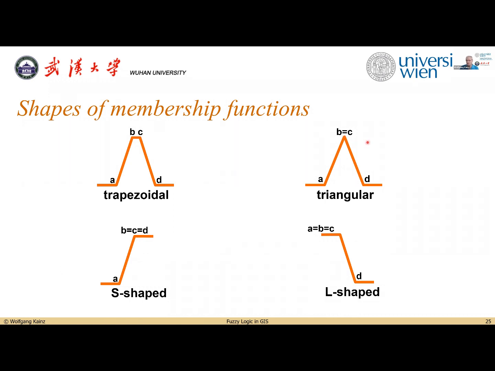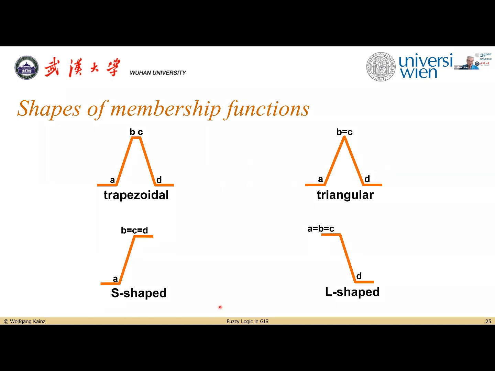membership function. You remember we had this example of average height people where we had the membership degree of 1 at, let's say, the average height of our population, and the shorter someone gets, the lower the degree of membership, or the taller someone is, then also the lower the degree of membership.